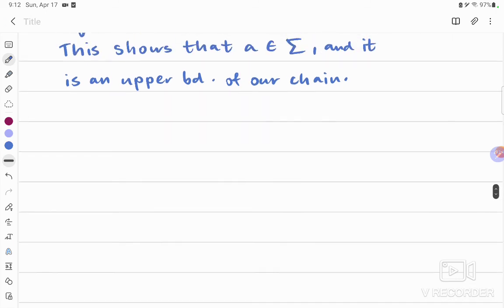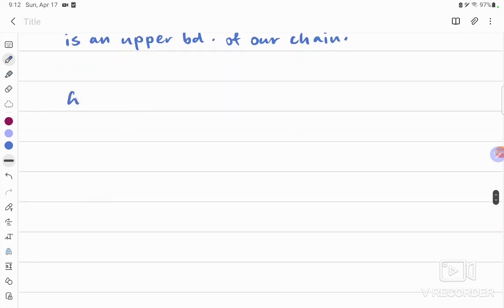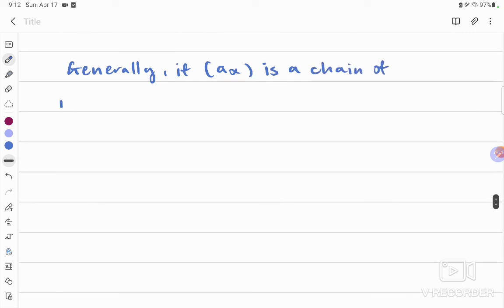Then we transfer to a slightly more general statement: generally, if a sub alpha is a chain of ideals, then this union serves as an upper bound with respect to inclusion.